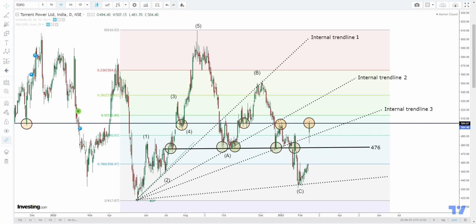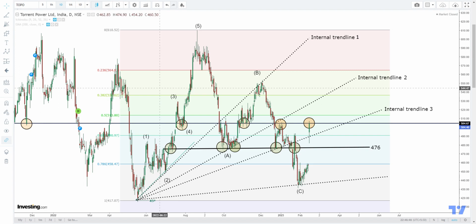So the basic behavior of this expanding wedge pattern is that it increases the volatility in the stock. We have studied the falling wedge, where the momentum narrows down and then there is a decisive move. Similarly, we have studied the rising wedge, where the momentum narrows down and it takes a sharp move. When it is the other way around, it increases the volatility in the stock, right? That is all about the internal trend lines, Fibonacci, and the support resistance.